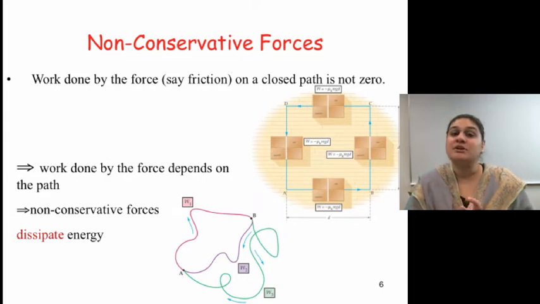And the reason is that on planet Earth, we have dissipative forces like friction, thermal energy, and heat, and we want to minimize them. So non-conservative forces are those forces in which the work done on a closed path is not zero, and the work done does depend on the path that the object took.